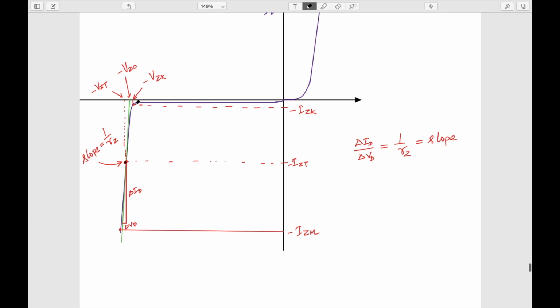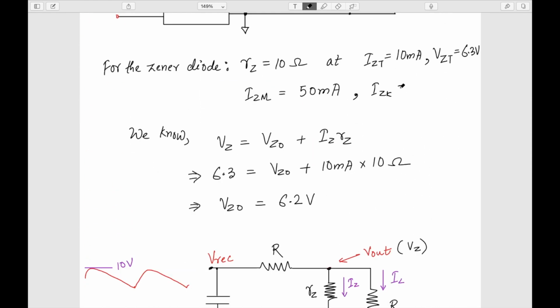So my V out will be equal to VZK, and here we'll approximate it to VZ0, because VZ0 and VZK are very close. My current has just reached the knee current, which in this problem is 0.2 milliampere.